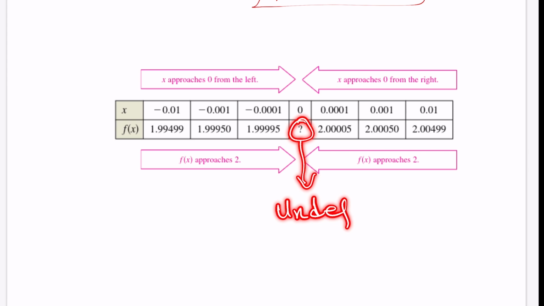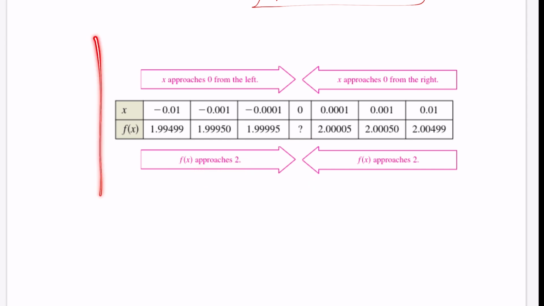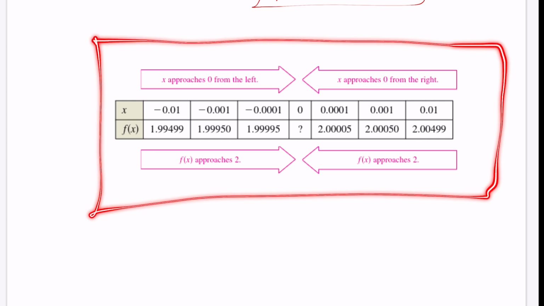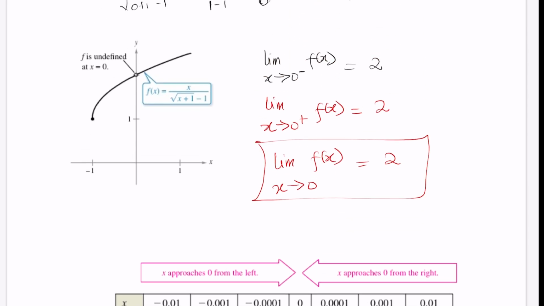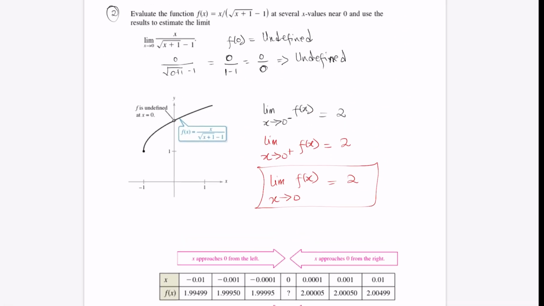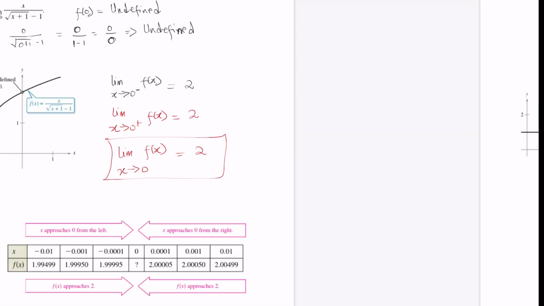The limit exists. And what is the limit? The limit is 2. So this is how we solve the same question using the numerical approach. And all this is to help your understanding of limits. So that is example number 2.